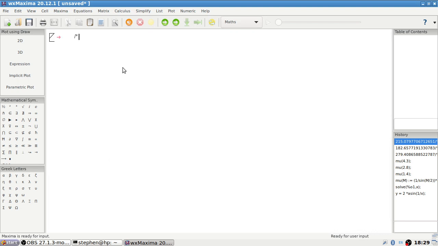Okay. 221. It's just mu, the angle, of m is defined as 2 arcsine 1 over m. And that will be in radians, so I want in degrees.